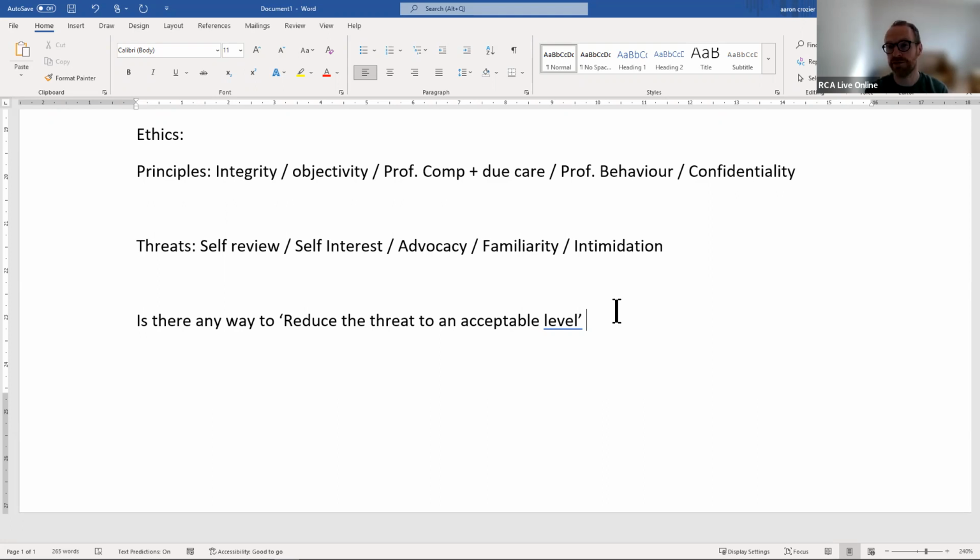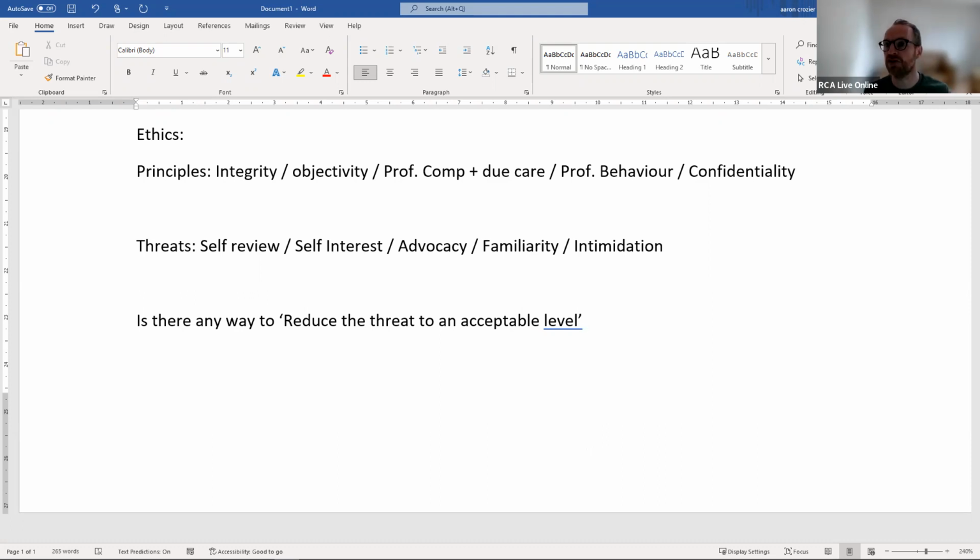Intimidation is usually around fee income or not getting other work. So remember, you've got fee income rules where you can't have more than 10% of recurring fee income for an unlisted company, 15% for listed.